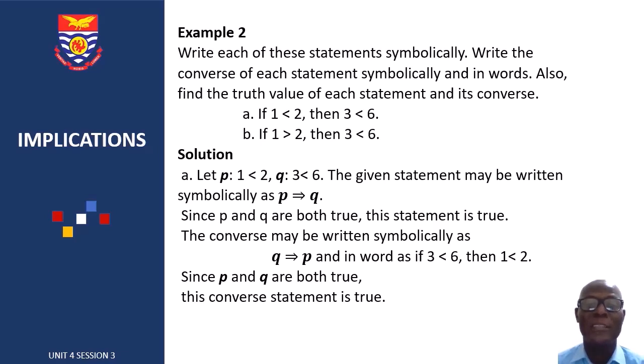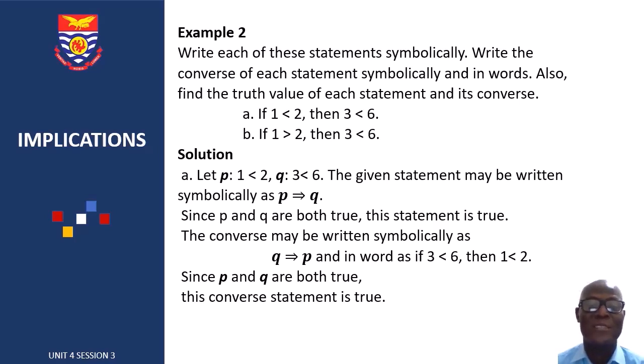For implication, P implies Q is true, except if the first statement is true and the second statement is false. But since both statements, P, 1 is less than 2, and Q, 3 is less than 6, are true, we conclude that the statement is true.